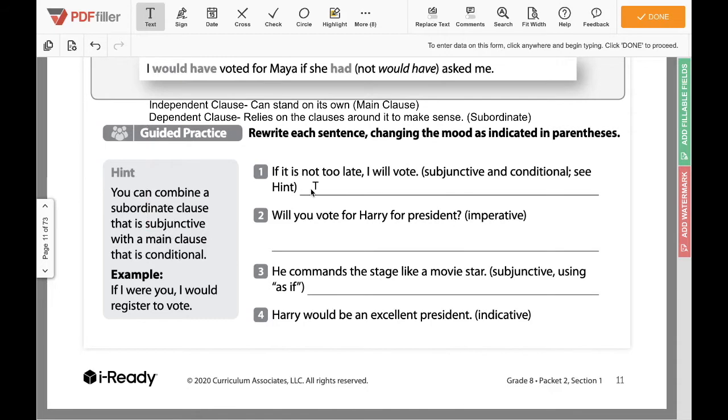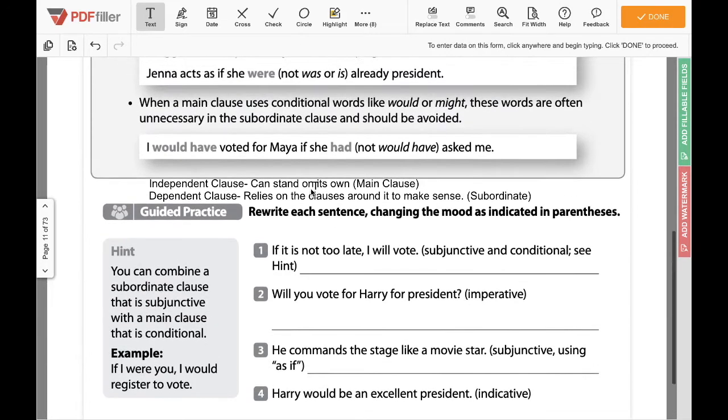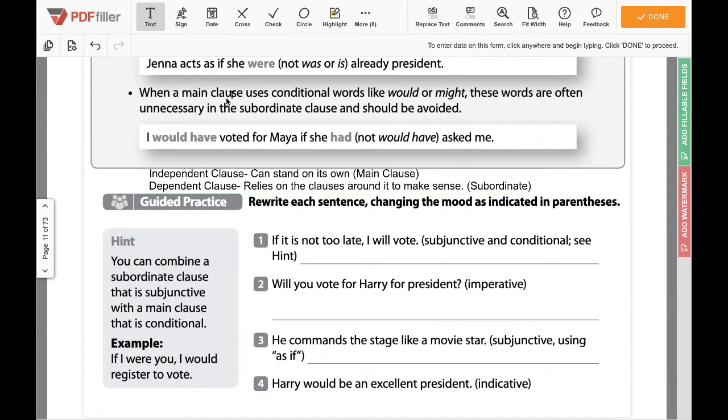If we look at our hint here, it says when the independent clause uses conditional words like would or might, or it could also be something like if, those words are often unnecessary in the subordinate clause and should be avoided.